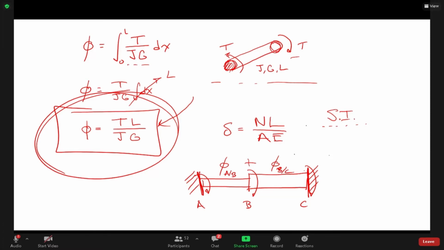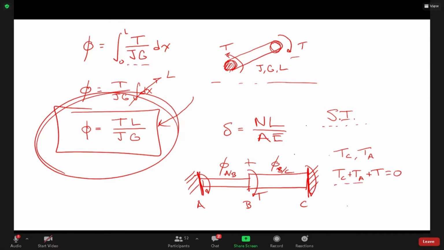If this is the case, we don't know the reaction torque at C or the reaction torque at A. We can only write that the reaction torque at C plus the reaction torque at A plus this known torque T equals 0, but I have 2 unknowns. So I need an extra equation.